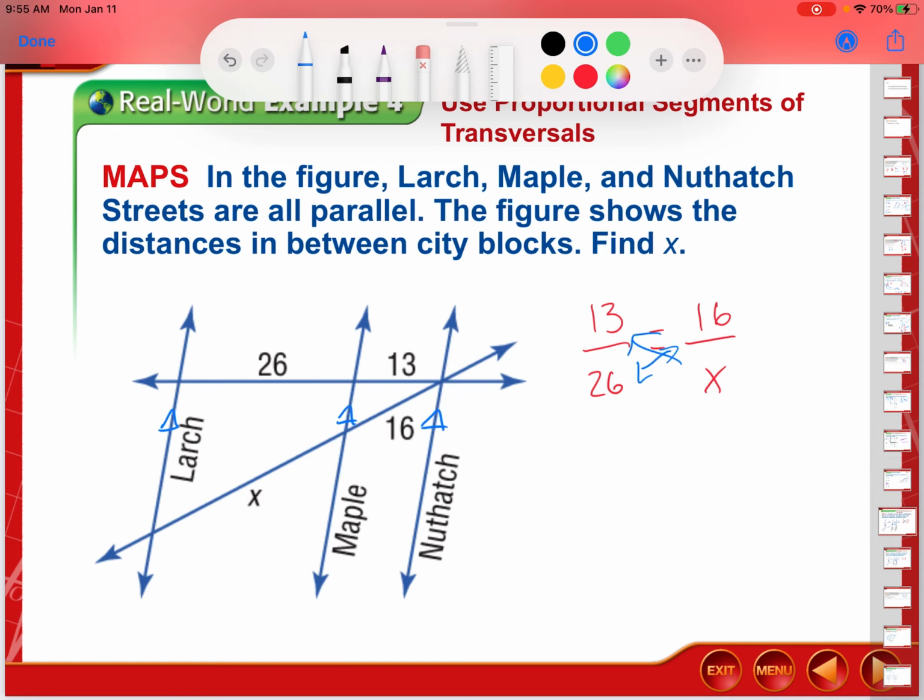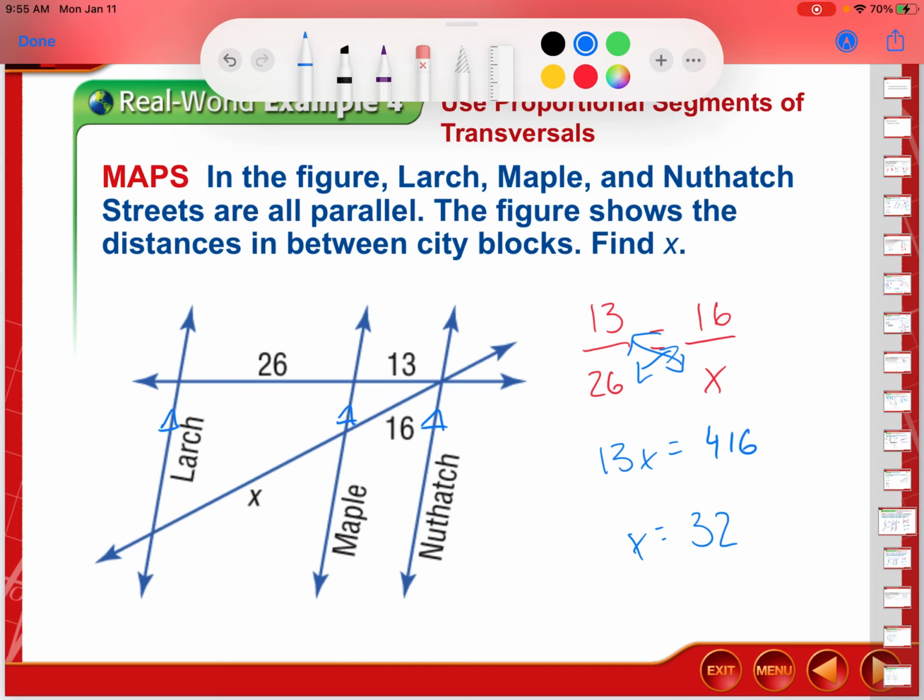Then we do our little cross multiplying. We get 13x equals 16 times 26, which I'm using a calculator for because Mr. Wright's not trying to do that math this morning. And so we end up with x equals 32.